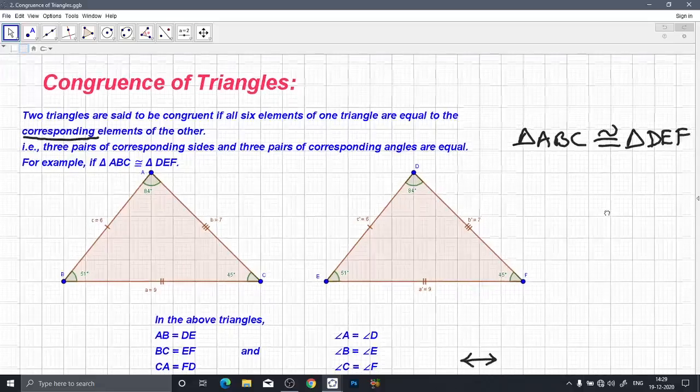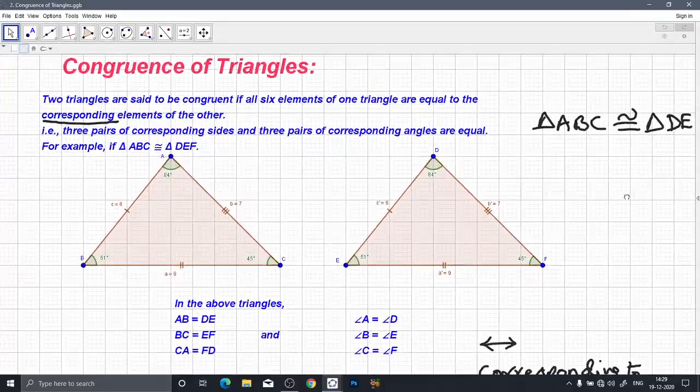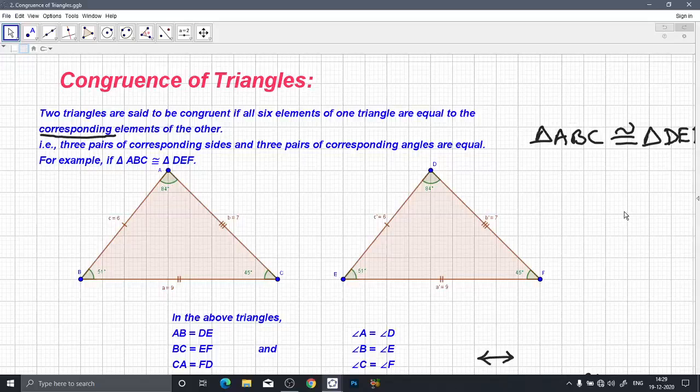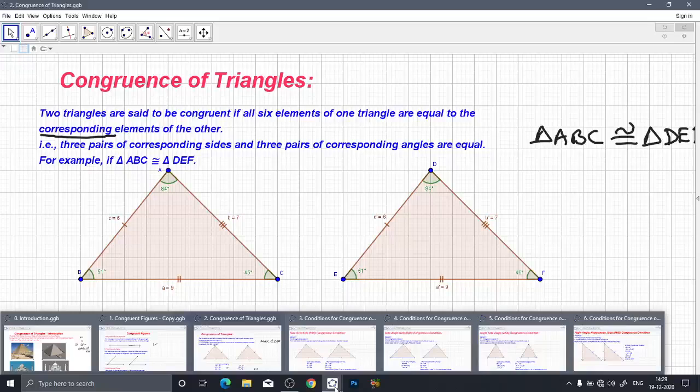So for that we will use some congruence conditions of triangles to find out whether the given two objects are congruent to each other, exactly equal in shape and size or not. So to test whether the two given objects are congruent or not, we will use four congruence conditions. Now we are going to learn those congruence conditions.